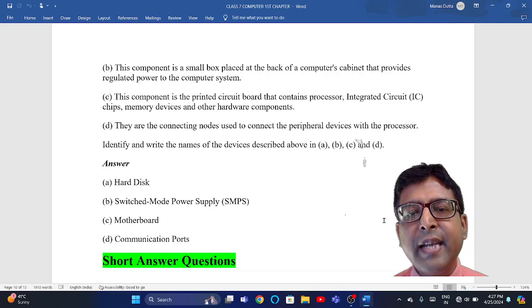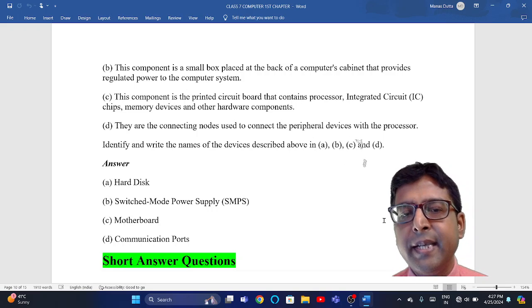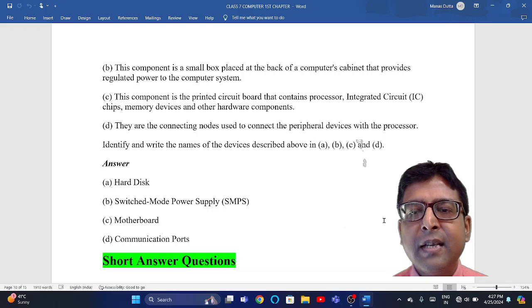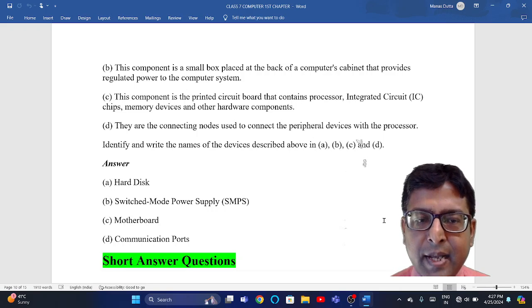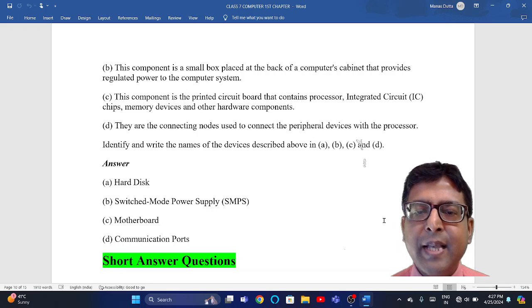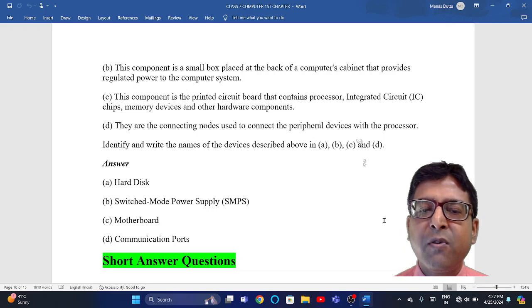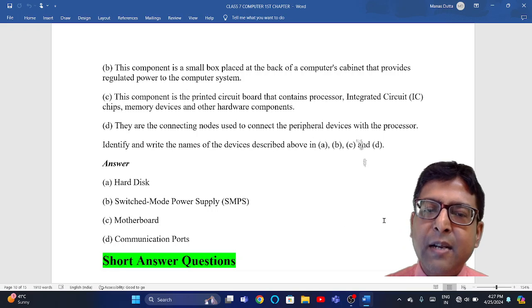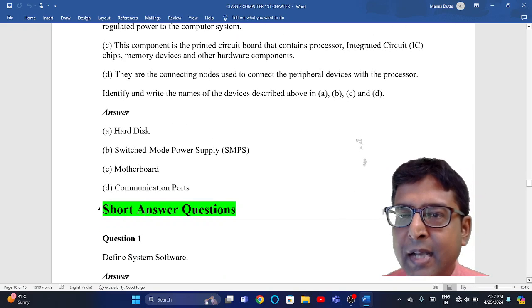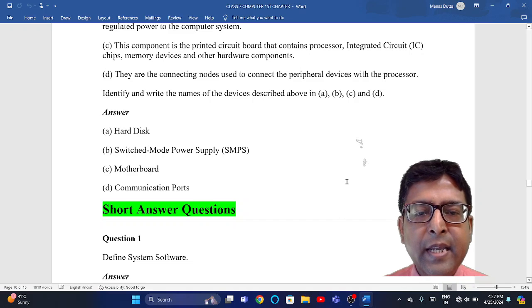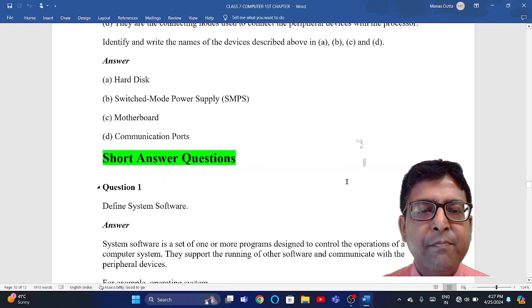Identify and write the names of the devices described above, A, B, C and D. Answer for A, hard disk. Answer for B, SMPS or switched mode power supply. Answer for C, motherboard. And the last answer for D, communication ports.